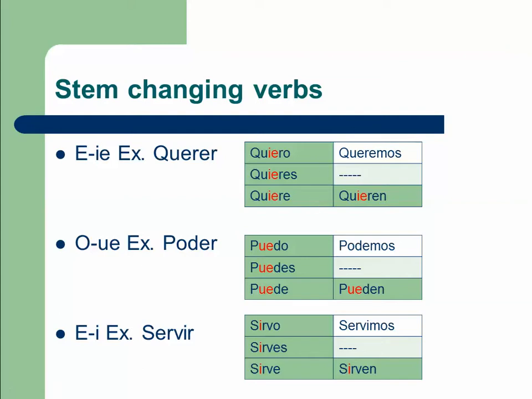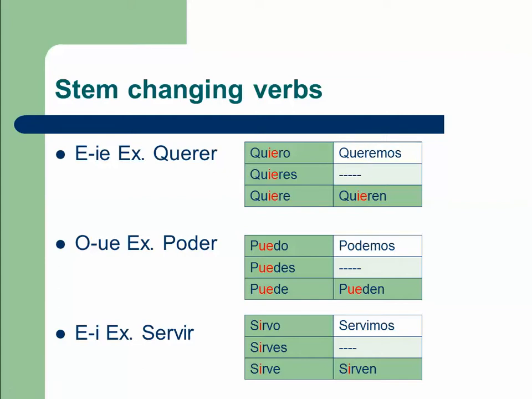So you change the E from the stem into an IE when you conjugate. So it's quiero, quieres, quiere, queremos, quieren. Because you do not change the nosotros form. You never change the nosotros form.